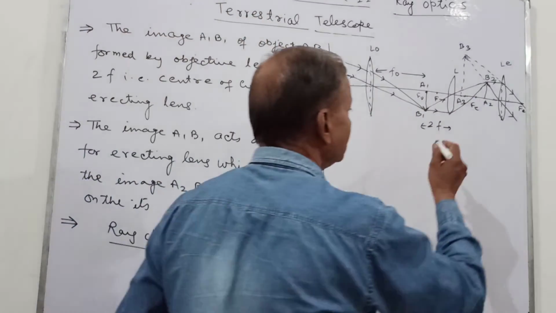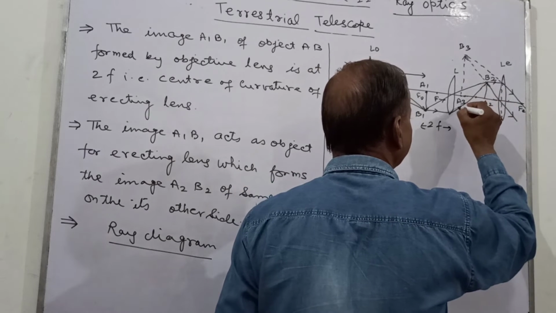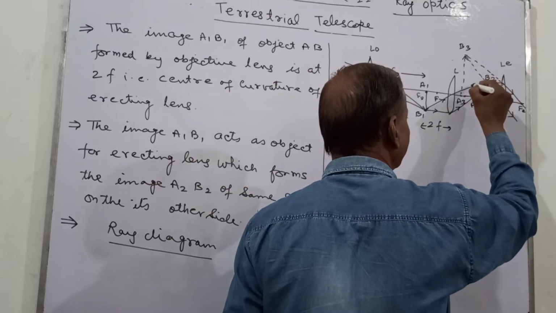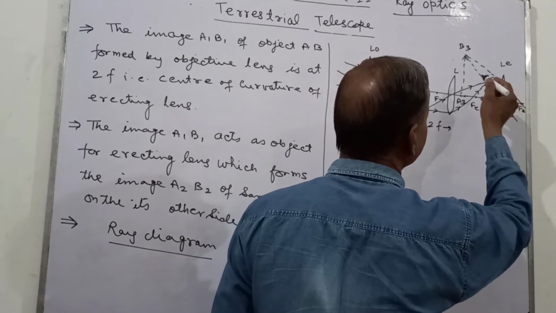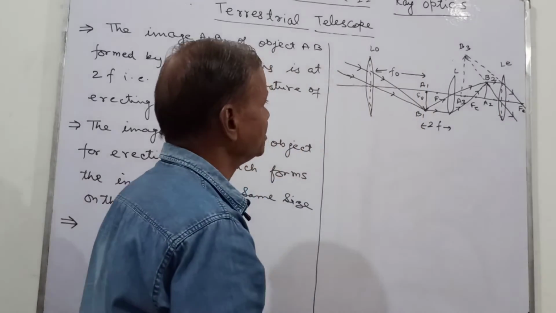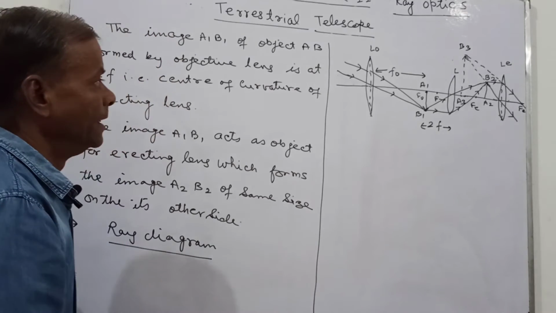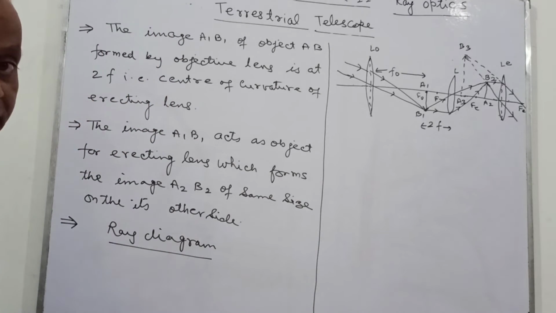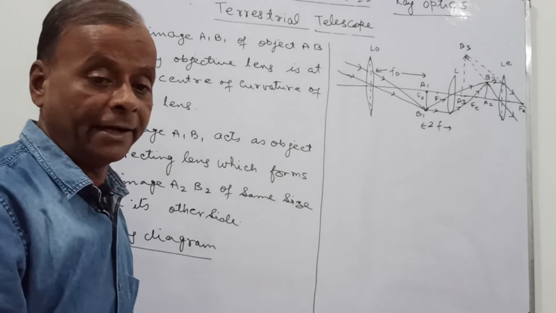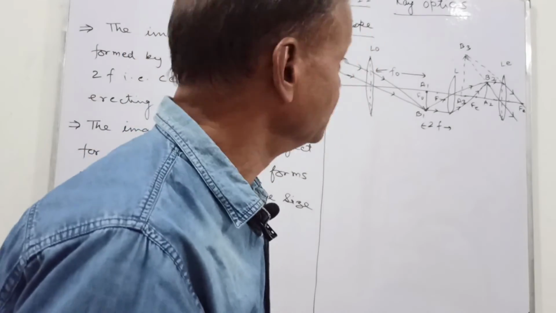So this is the ray diagram of this one, and you can see that the final image from this is now A3, B3, and that is erected, virtual and magnified.